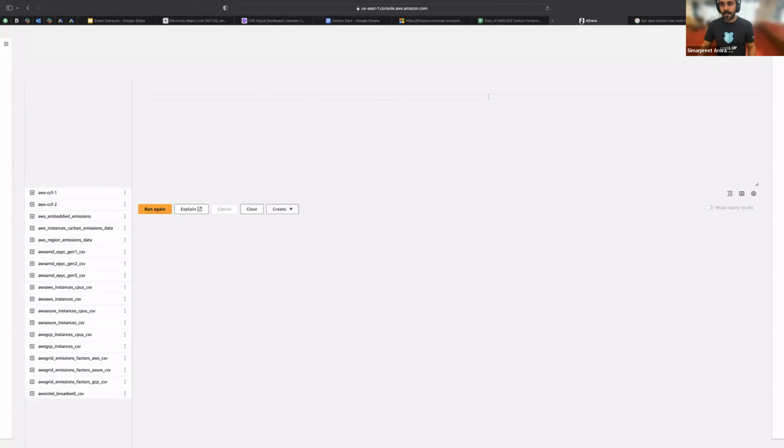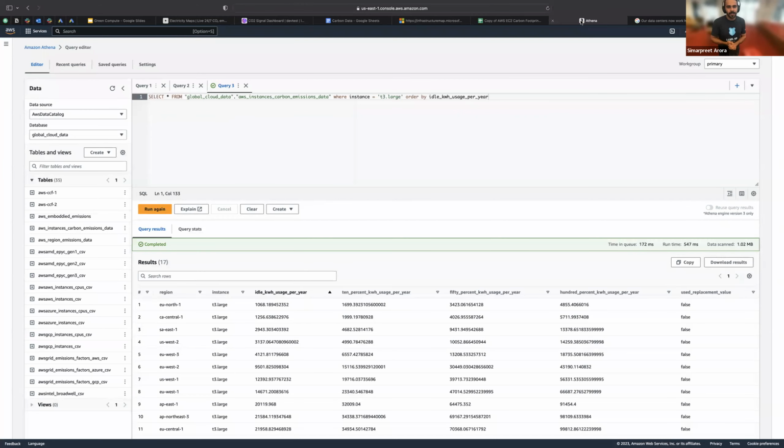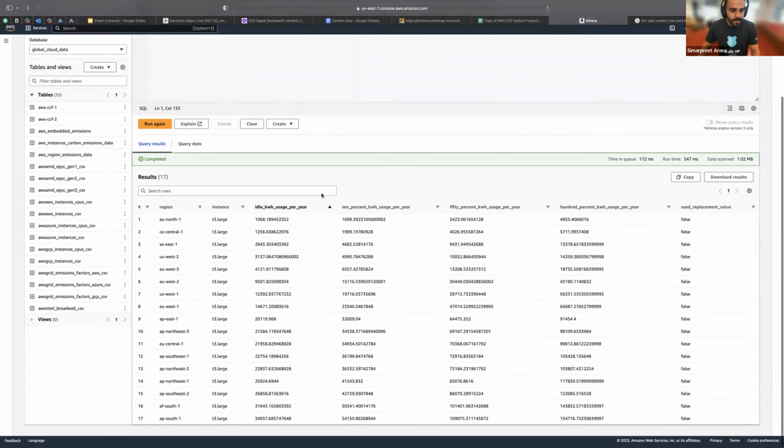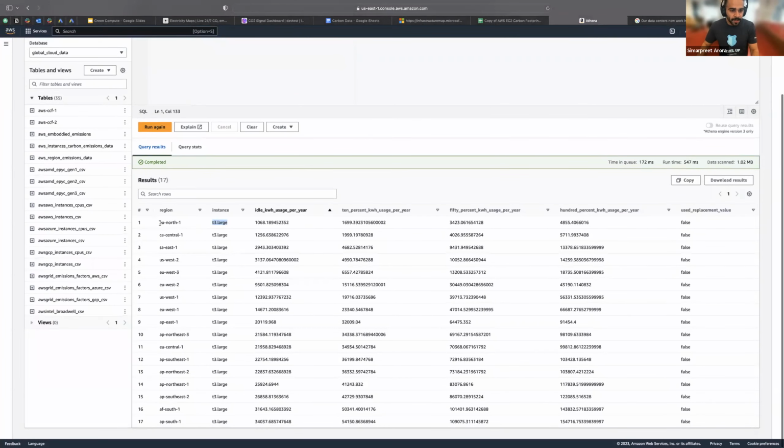And finally, I moved this data to Athena, where I did a comparison on live data center usage of all the instance types across all the different regions. For example, here we can see that for a T3.large, there are 17 regions where it can be launched. There might be more, but for the beginning POC there are only 16 or 17 regions.